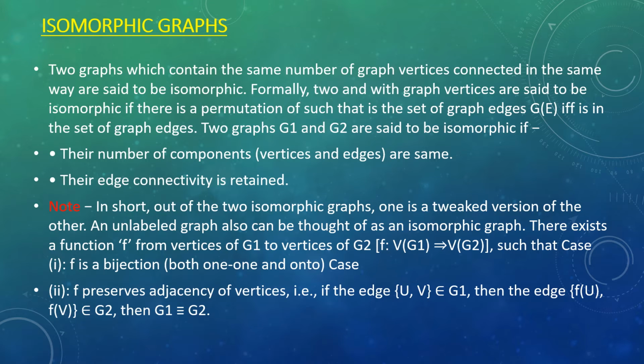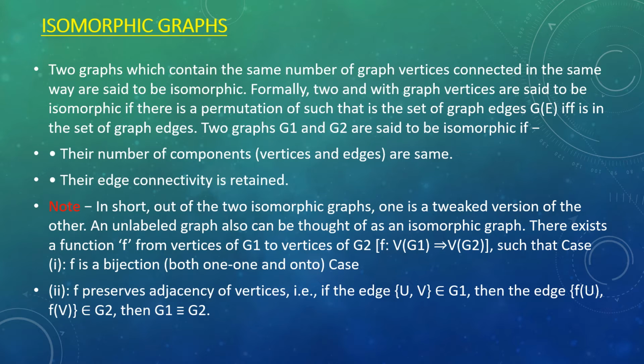Isomorphic graphs. Two graphs which contain the same number of vertices connected in the same way are said to be isomorphic. Formally, two graphs with n vertices are said to be isomorphic if there is a permutation of the vertices such that the edge set is preserved.